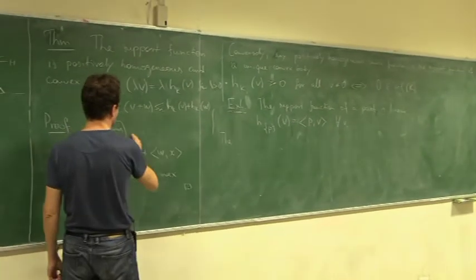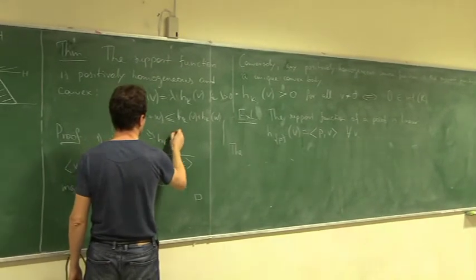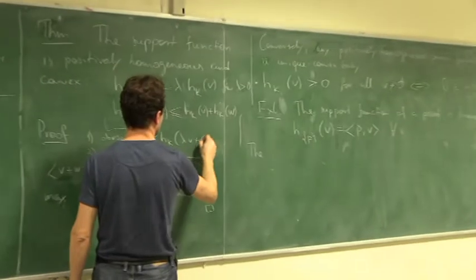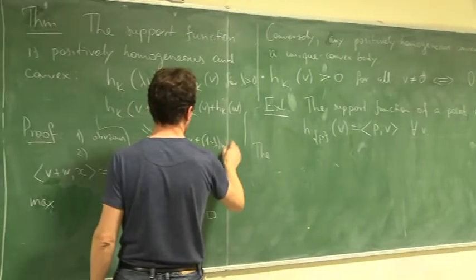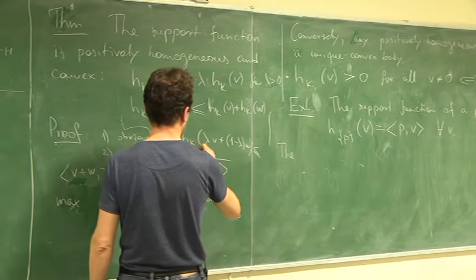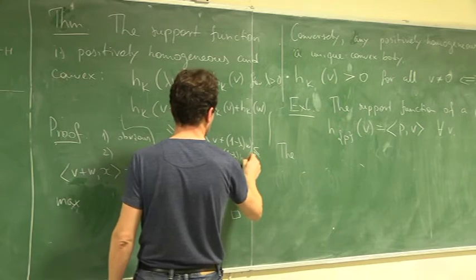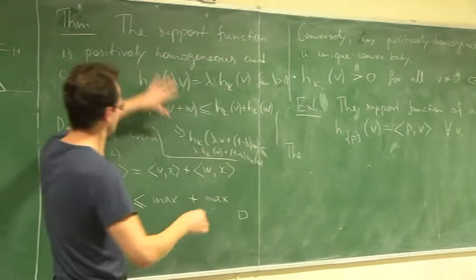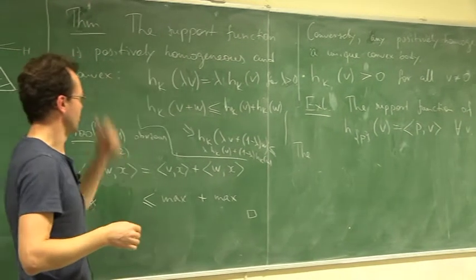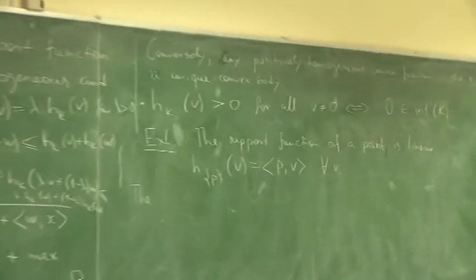So this together implies that h_K of lambda v plus 1 minus lambda w is less or equal than lambda h_K of v plus 1 minus lambda h_K of w. This follows just from these two properties by using homogeneity. Then that's convexity of the function.